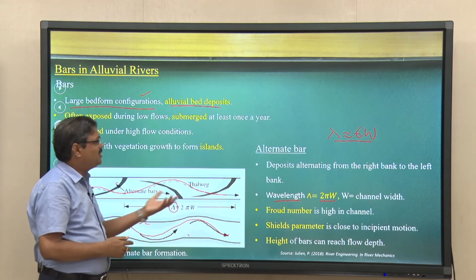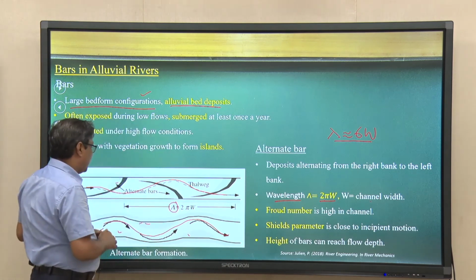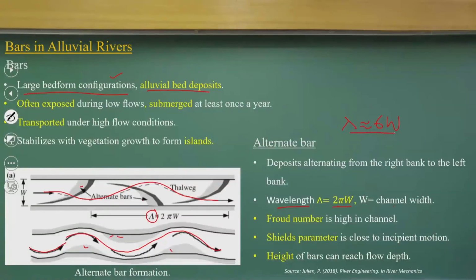So, 6 times the width of the channel. You can see the length from this point to these points: the wavelength of the alternating bars is close to 6 times the width of the channel.